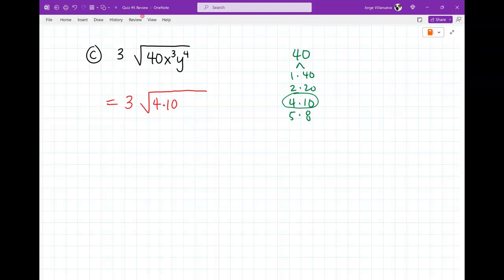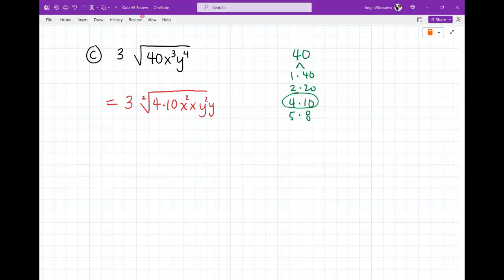See, remember, what's my index on a square root? A 2. Even though you don't see it, there's a 2 there, right? There's a little 2 right there. Even though we don't write it, but it's there. That means I got to write things as squares if they have power. So you see that x cubed? That's x squared times x. That's x cubed. And y to the 4th?